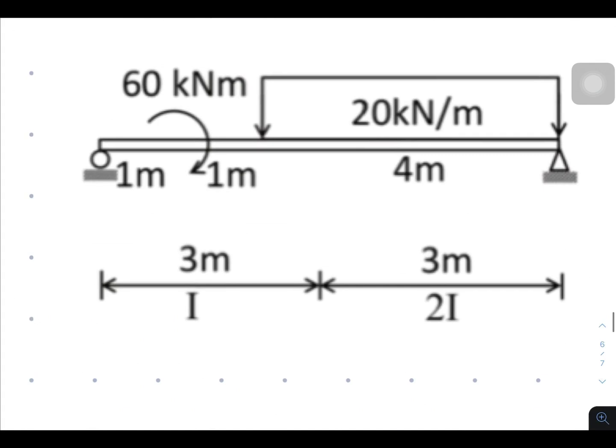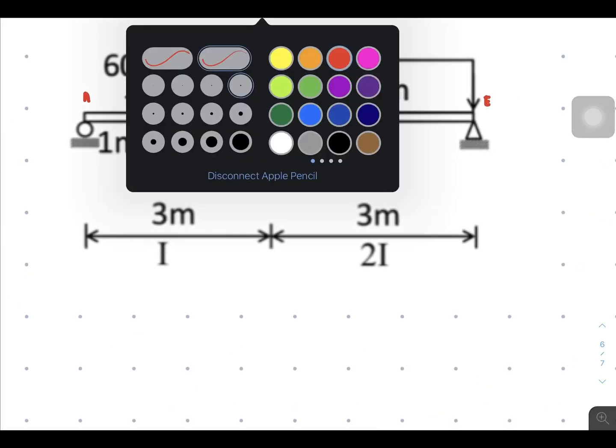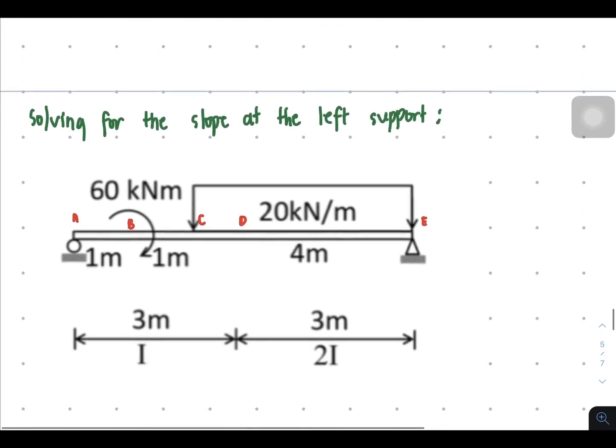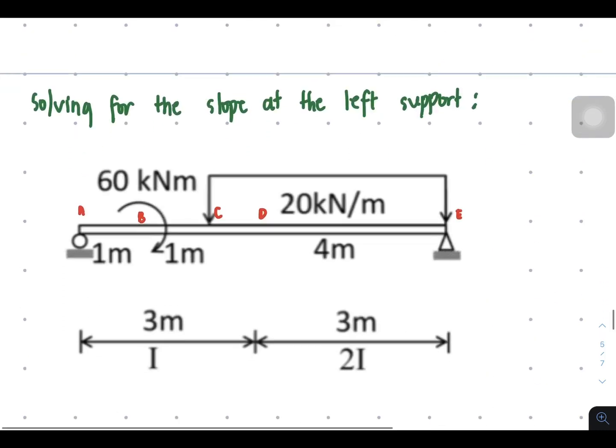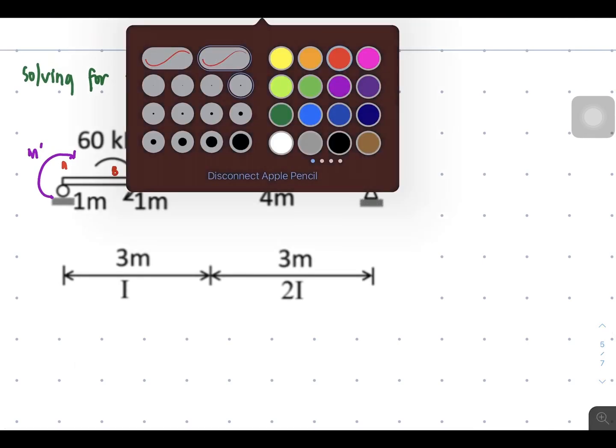So basically we're going to have the same letters from the previous: A, B, C, D, and E here. Since we are asked to solve for the slope at the left support, let's have this assumption of our M prime.